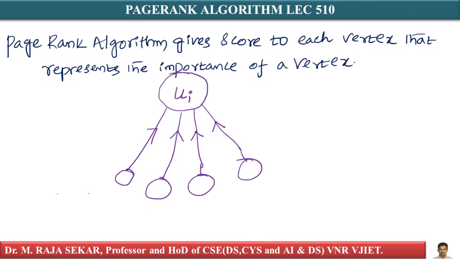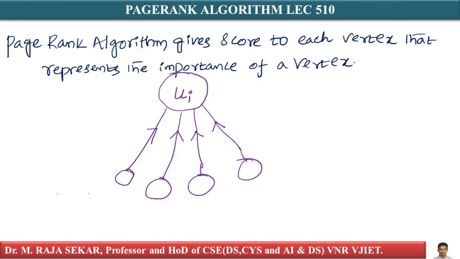If a user in a directed graph has a high PageRank score, that implies this user is more important because lots of other, highly important users are linking into him. That's why Ui's score is large.